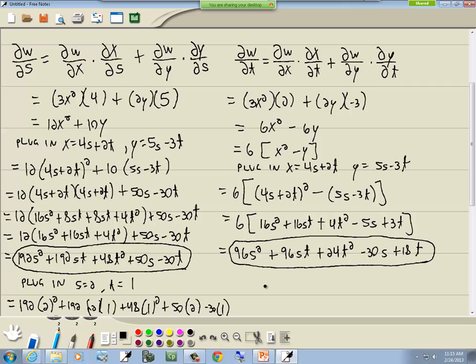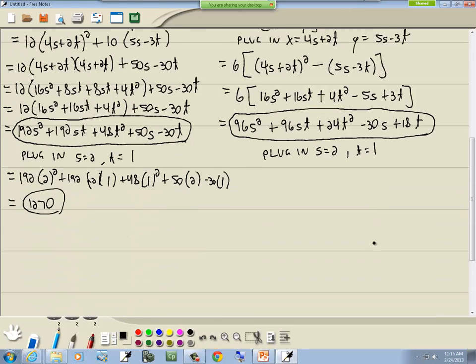Okay. Well, now they want us to plug in s is equal to 2 and t is equal to 1. So we're going to have 96 times 2 squared plus 96 times 2 times 1 plus 24 times 1 squared minus 30 times 2 plus 18 times 1. And where's my calculator?